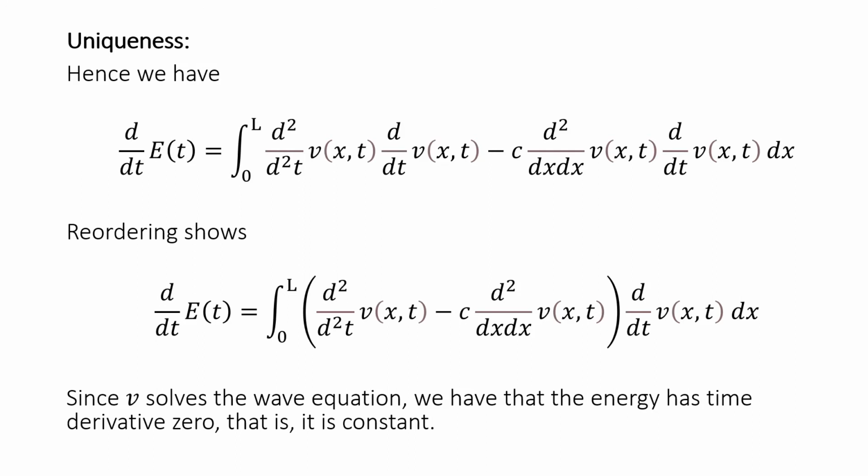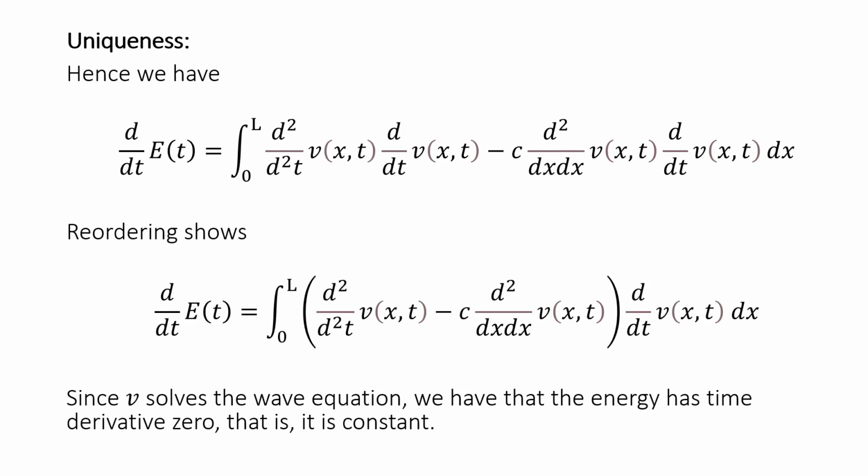So the time derivative of the energy equals the integral from 0 to L, and now we factor out the first time derivative of v. We have the product of the second time derivative of v minus c times the second space derivative of v, and that difference is multiplied with the first time derivative of v dx.